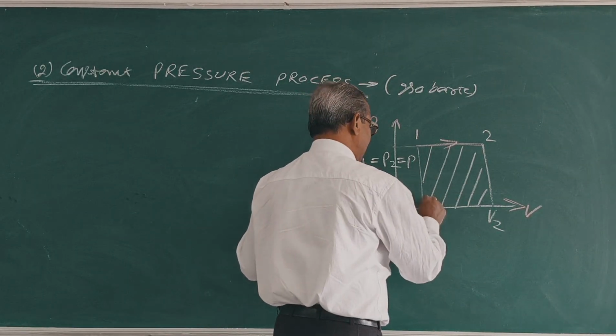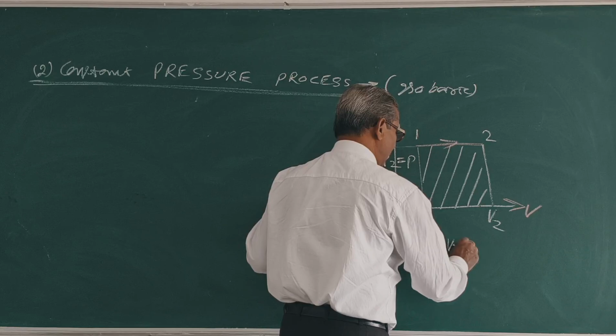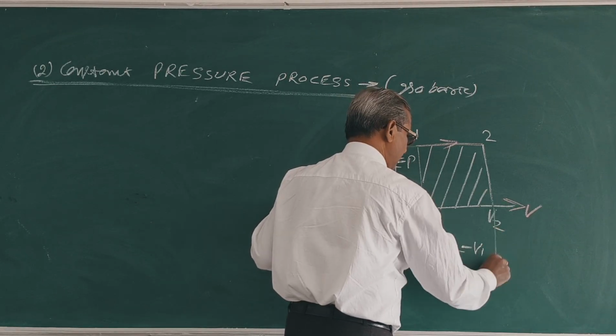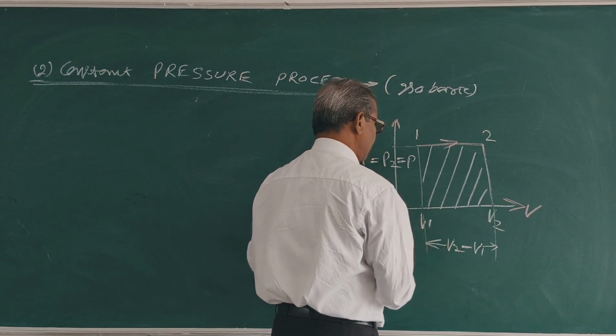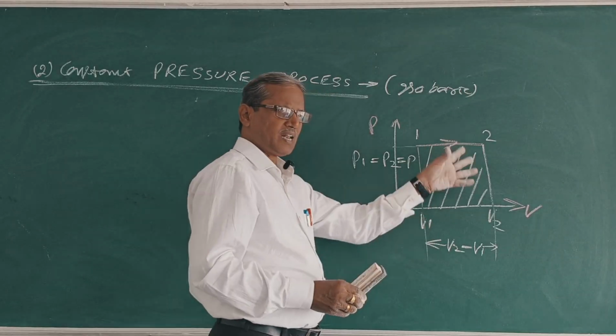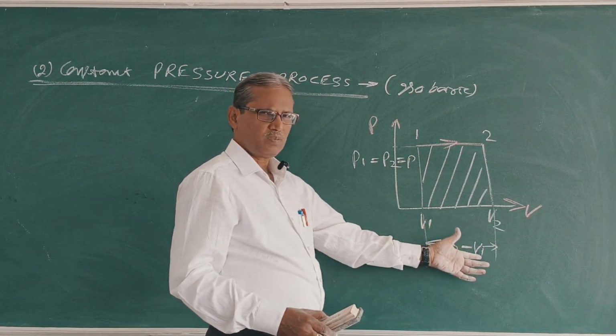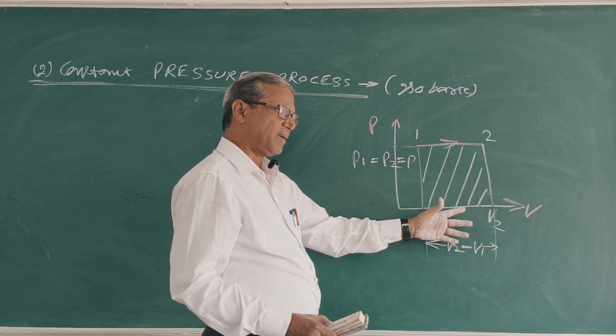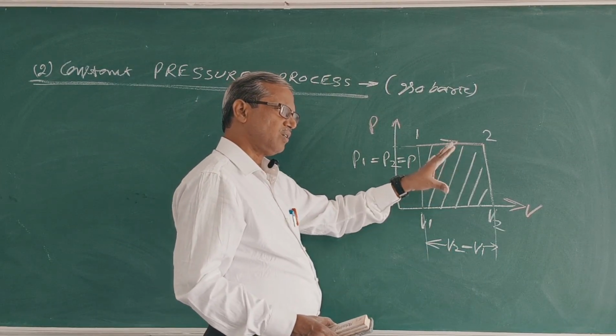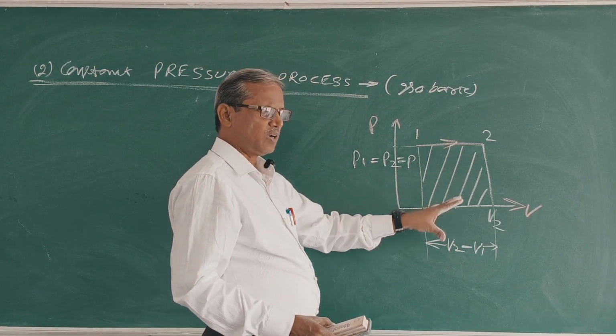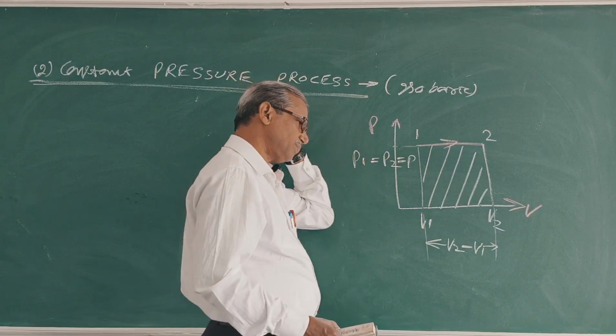What is the length? V2 minus V1. What is the height? P. What is the area of the rectangle? Length into breadth, P into (V2 minus V1). In a PV diagram, the area under the curve is equal to work done. Clear?